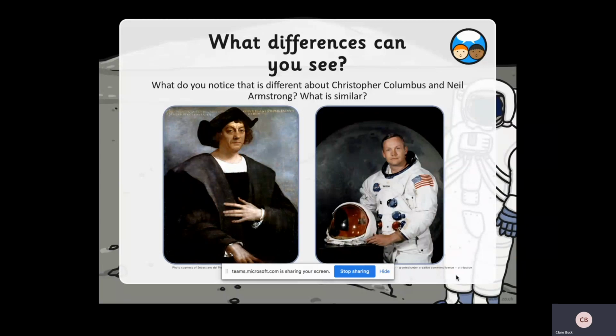They're both wearing their special clothing outfits for the picture. Well, the one on the left is Columbus, isn't it? And it's a painting of him. The one on the right is Neil Armstrong, and it is a photograph. And of course, photography wasn't around in the time of Columbus, so they had to do paintings instead.